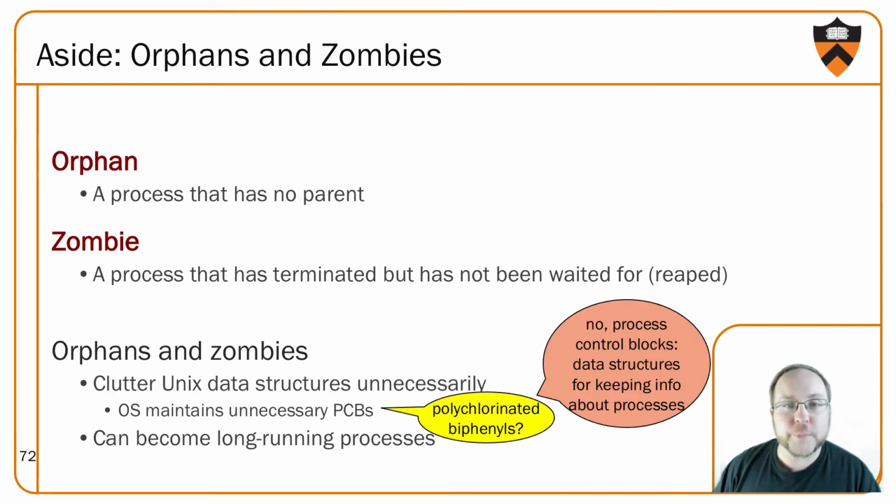Orphan just means that a process is running whose parent has already terminated. It means the parent clearly didn't wait because had it waited and the child is still running, it would not have gotten to go yet. A zombie, on the other hand, is a process that has terminated but has not been waited on. Maybe the parent eventually will, maybe not. These statuses are potentially problematic because zombie processes hang around.